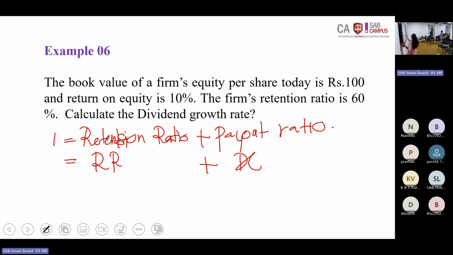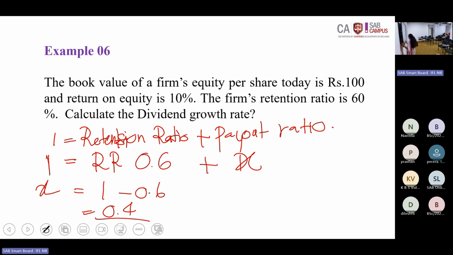How much is the RR? That is 60% or 0.6. The rupee that we earn equals 1. So how much is the payout ratio? X equals 1 minus 0.6. That is the payout ratio of this company, 0.4 or else 40%.